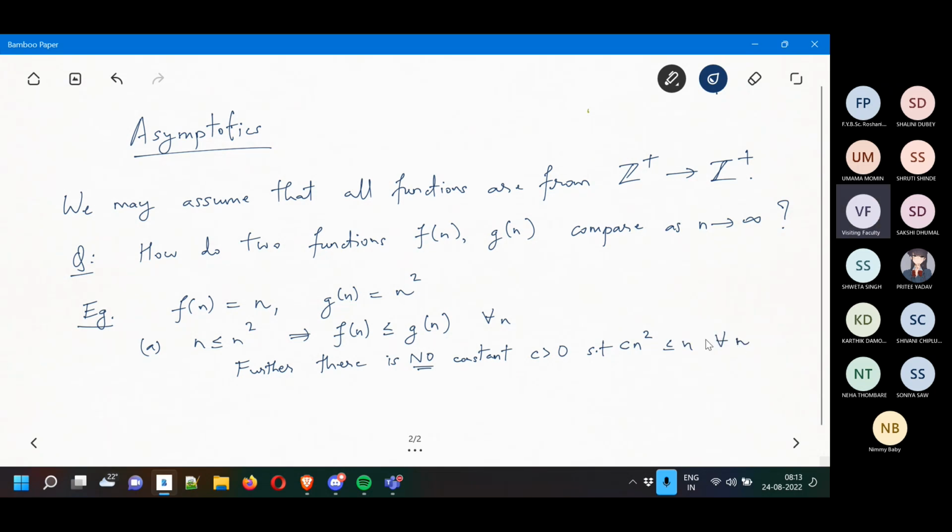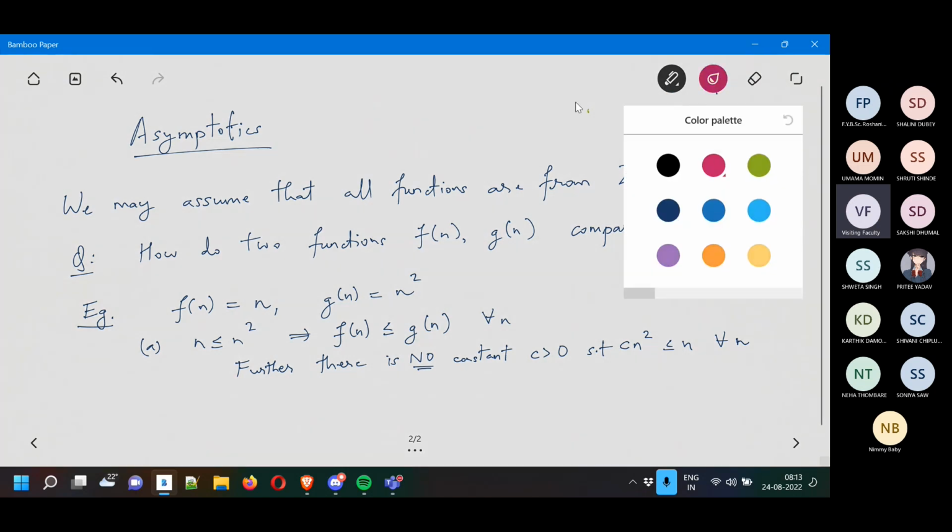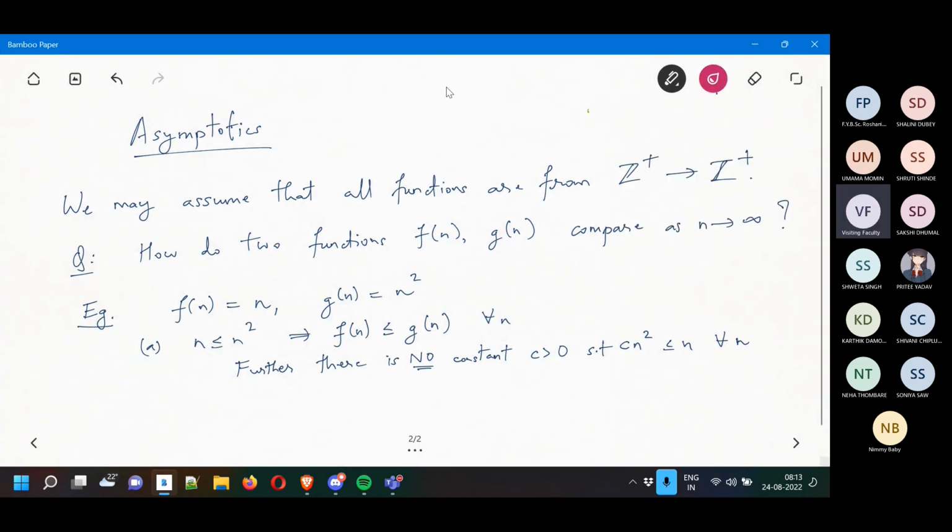You see, I cannot bound n below by any small value of n square. I don't mind, it can be as small as, let me write it on the top, 1 by 1 lakh times n square. This is still not less than or equal to n. This is not possible because eventually for some n greater than or equal to something like 100 or 1000, this is going to be false.